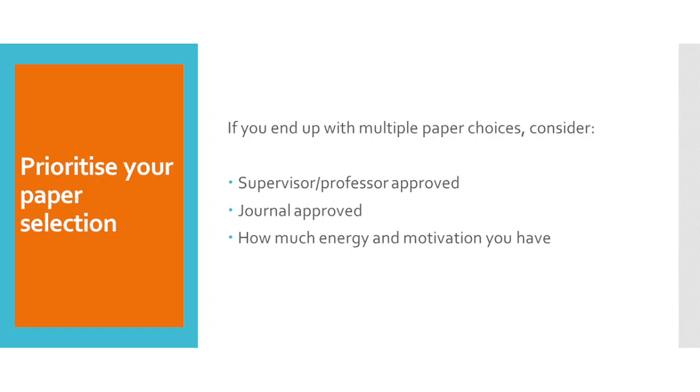If yes, continue with this paper. And also, which paper would give you the least amount of work and which one makes you the most excited? So hopefully answering these three questions will help you decide which candidate paper to go with if you have got several papers to write.